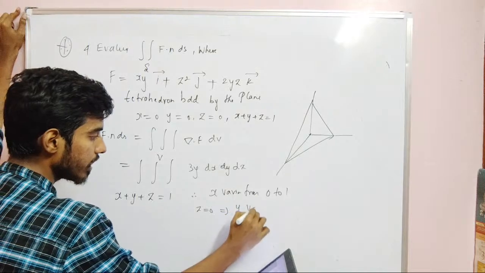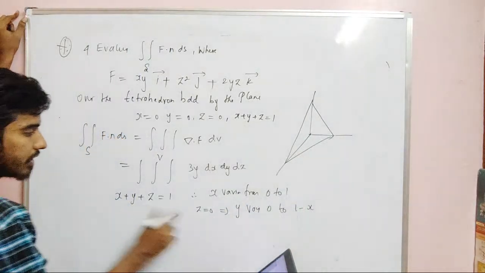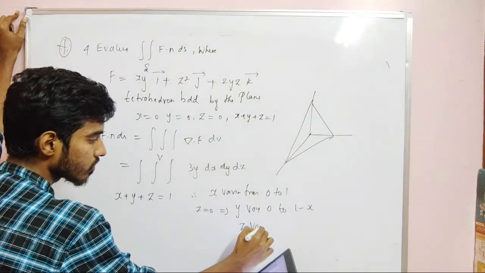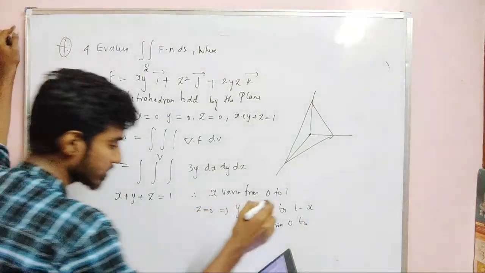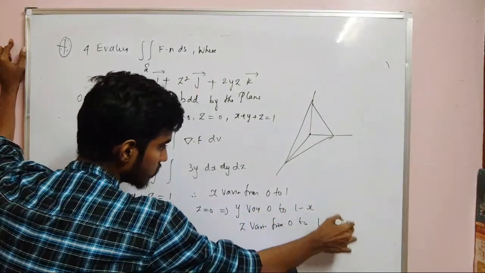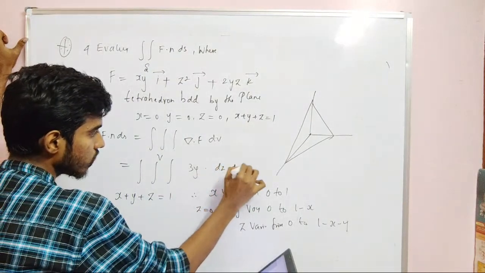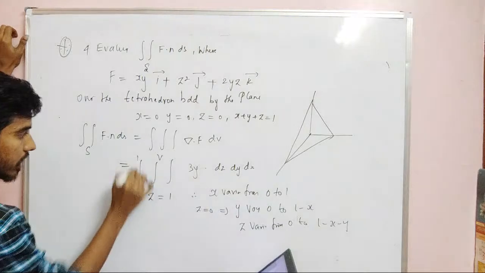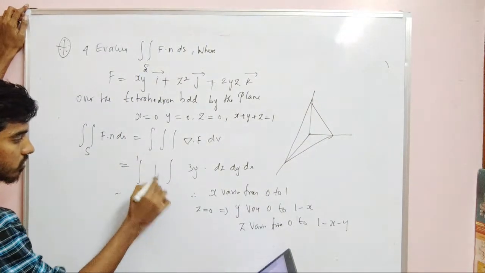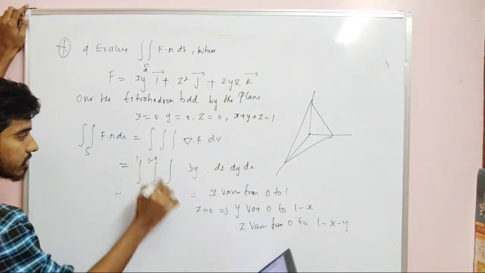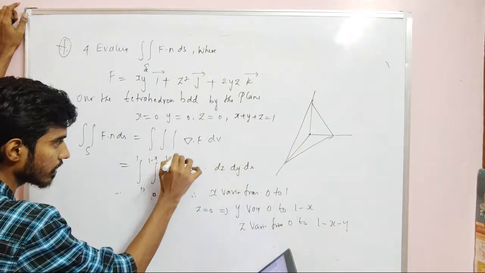That means y varies from 0 to 1 minus x, and for the z limit, z varies from 0 to 1 minus x minus y. So we will change this to dz dy dx, where x varies from 0 to 1, y varies from 0 to 1 minus x, and z varies from 0 to 1 minus x minus y.